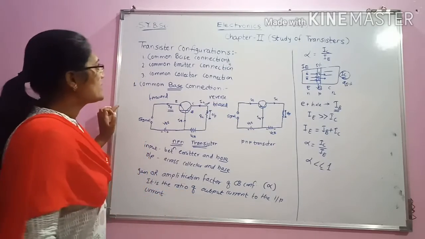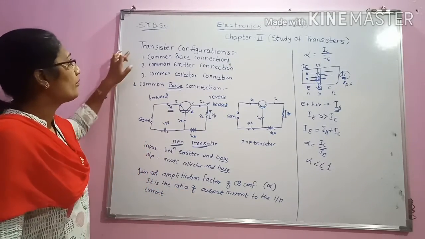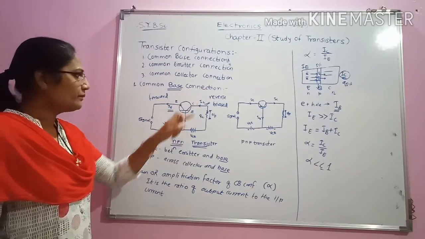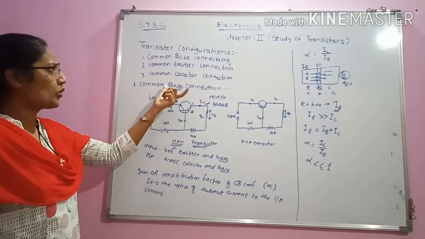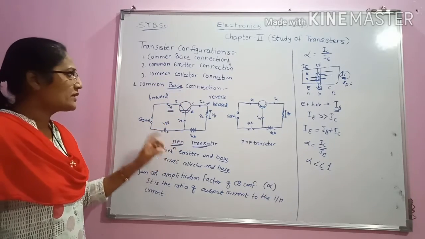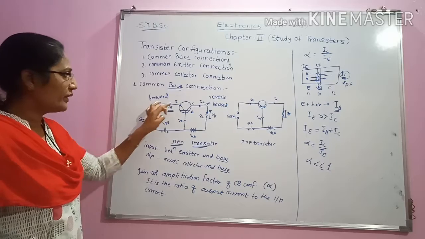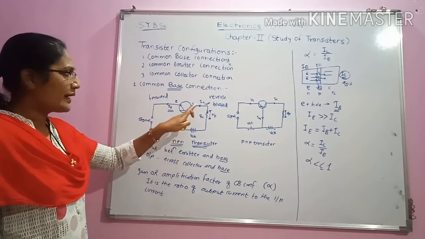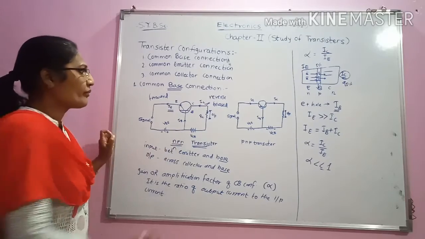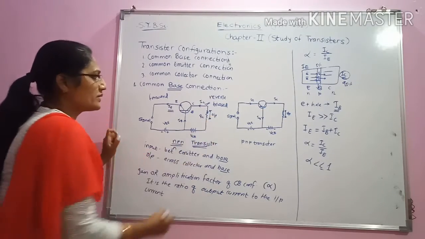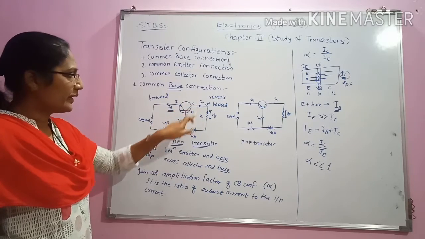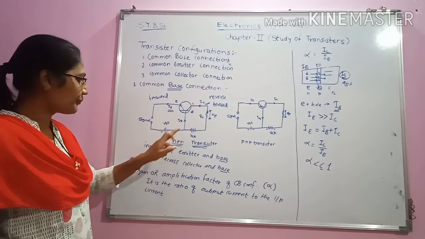So let's revise the things. In case of transistor configuration in common base connection, in order to have a common base connection, we have to make its base common. That is, input is given in between emitter and base, and output is taken across collector and base. A resistor is applied in between the collector and base circuit.